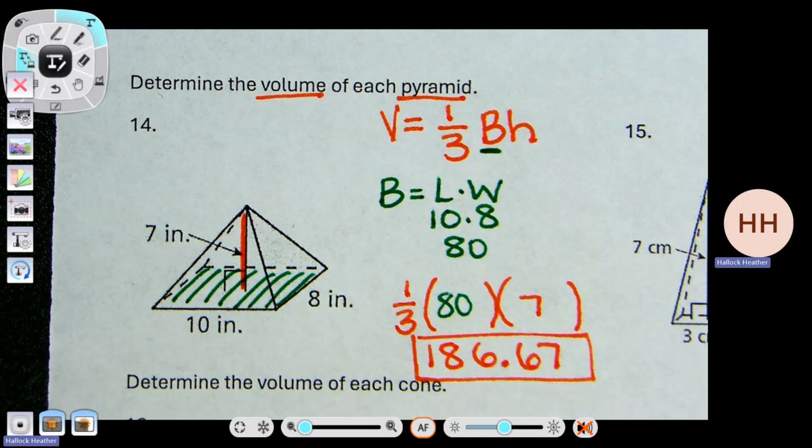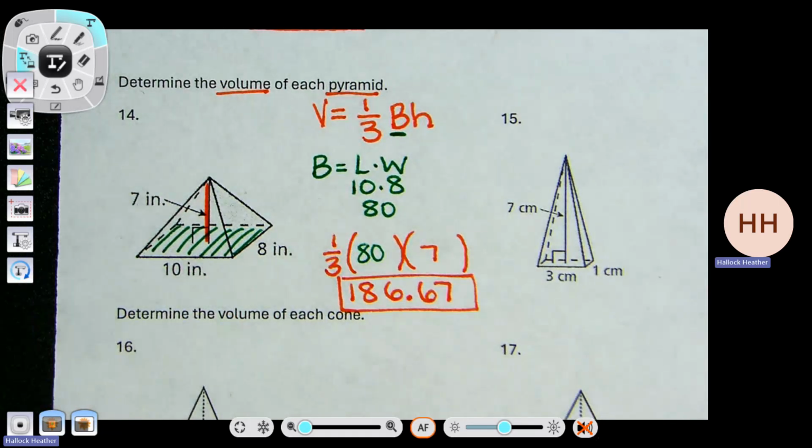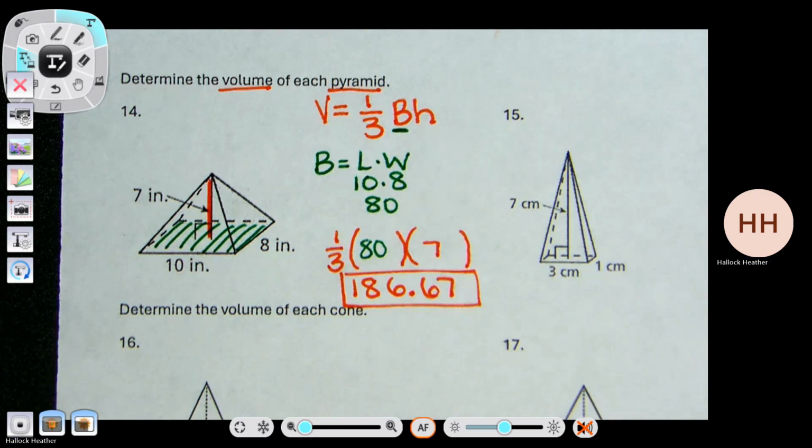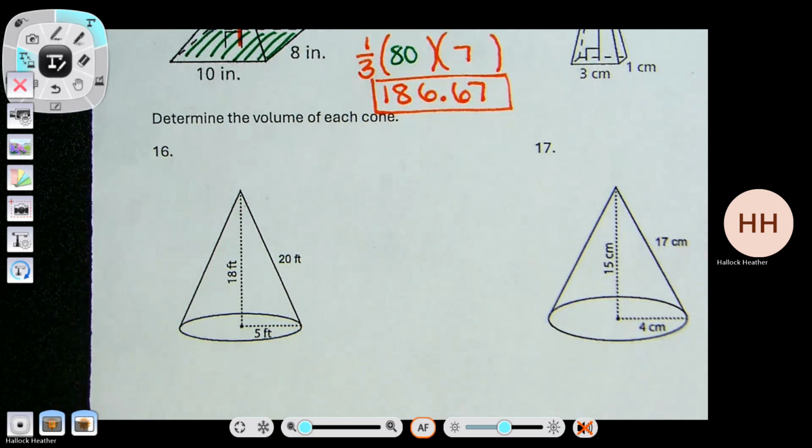Okay, since it's fresh in your brain, why don't you try 15 real quick? And then we'll do one more. Isn't 15 the same thing?